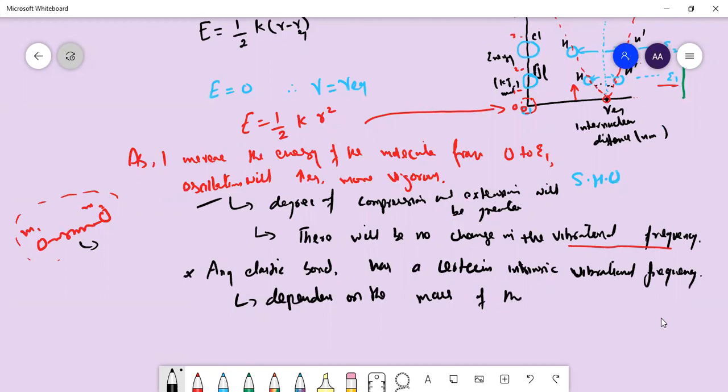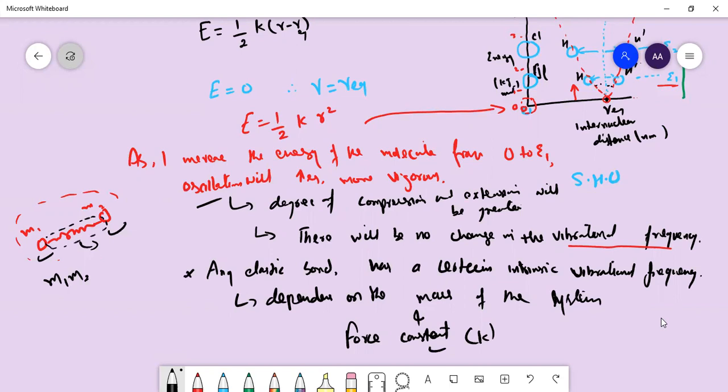mass of the system. The first condition is that the intrinsic vibrational frequency depends on the mass of this system. It means in the case of a diatomic molecule, it depends on M1 and M2. And the second condition is the force constant. Force constant is what? This is K, and K is the measure of the strength of the bond, how strong the bond is between these two atoms.